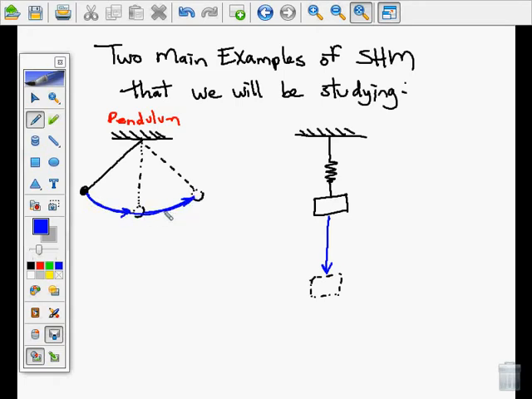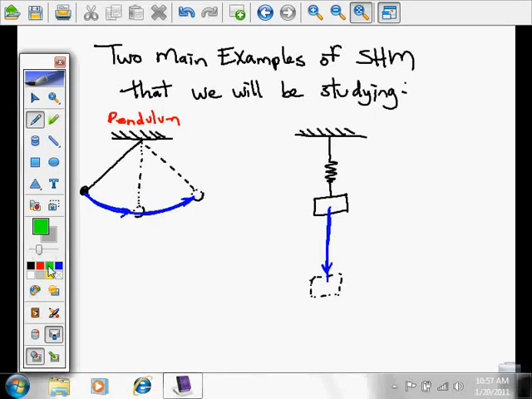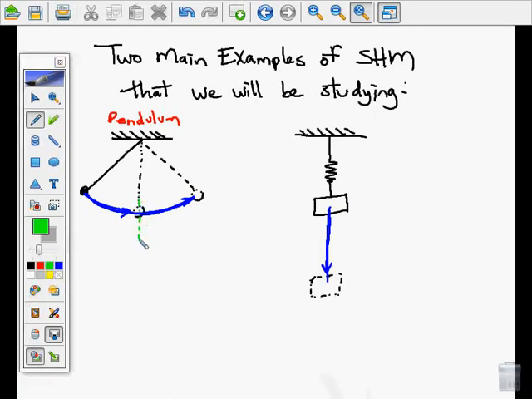Same thing with this mass hanging on a spring. If you drop it, it goes faster, faster, then slower, slower, stop. With the pendulum, the middle point is here, and with the oscillating or vibrating spring, the middle point is right here.